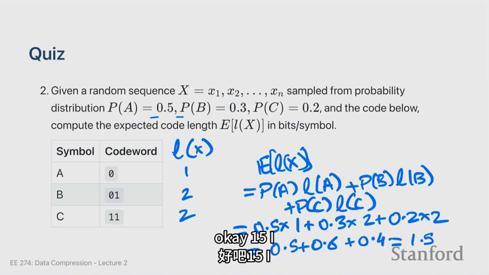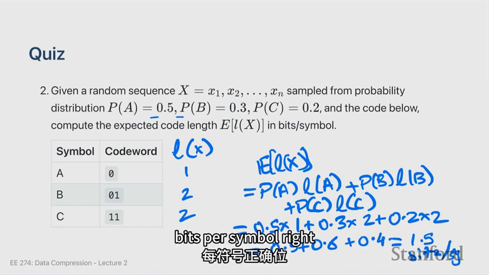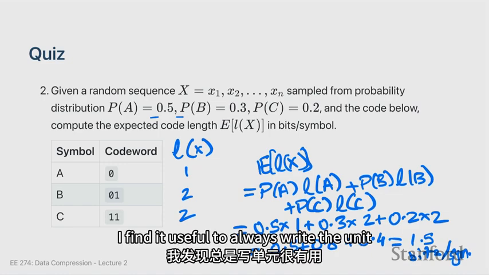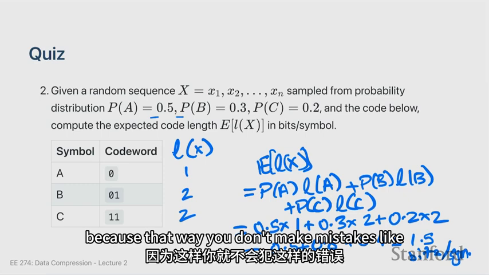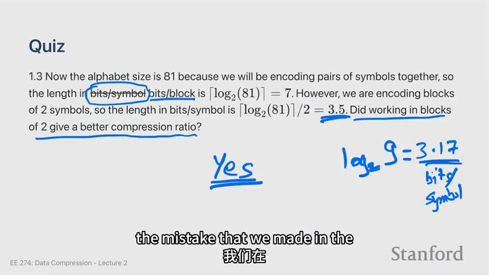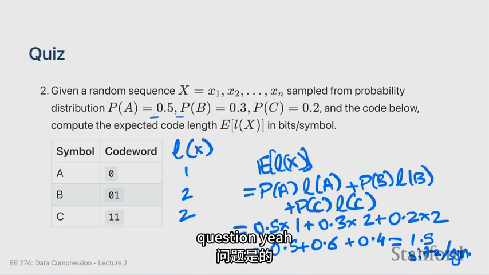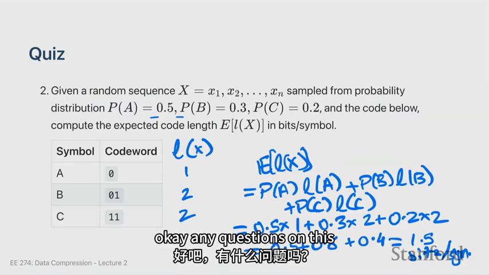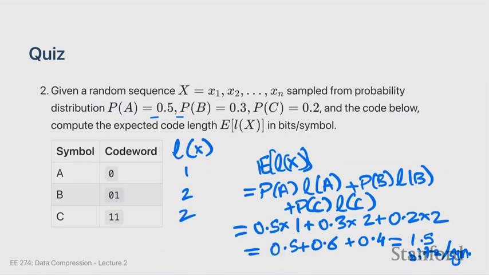Okay, 1.5, I hope I got it right. Bits per symbol, right. I find it useful to always write the unit, bits per symbol, because that way you don't make mistakes like the mistake that we made in the question. Yeah. Okay, any questions on this? Okay, good.